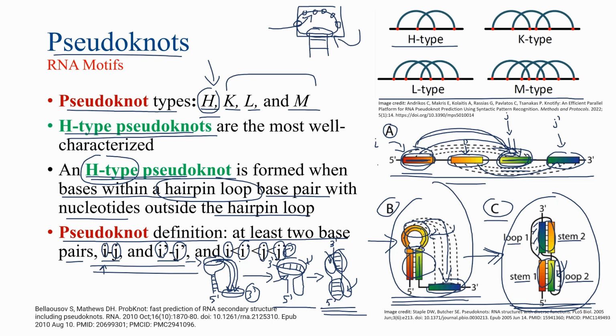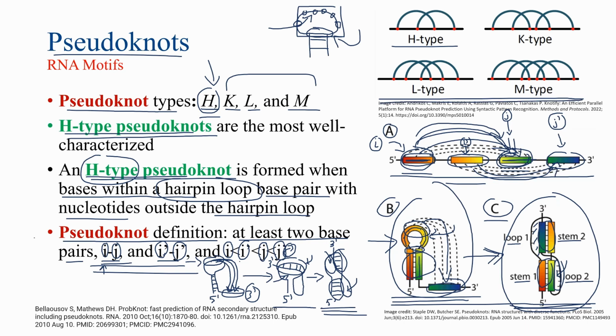So in this definition, I must come before I prime, which must come before J, and must come before J prime. And then you simply follow what the definition says. So you have base pairing between I and J. So you can see here that I and J are base pairing. And then you have base pairing between I prime and J prime.